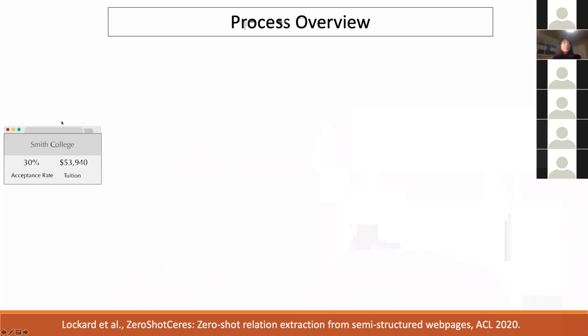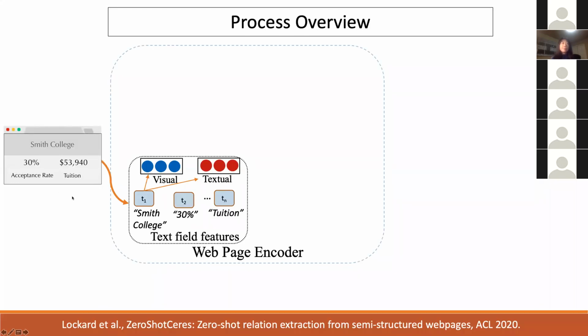So let me use this example to tell you the learning process. This is a small area on the webpage about Smith College. We see the acceptance rate as well as the tuition. For each text field, we capture the visual features and textual features and generate representations for them.